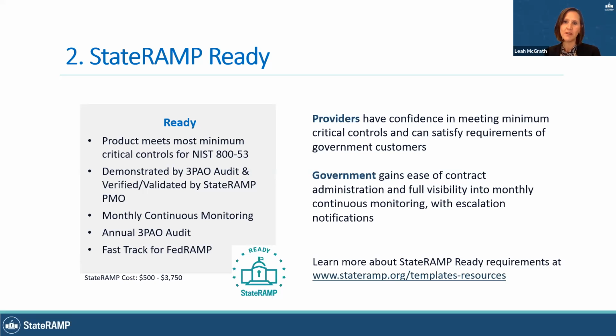For government, what we're hearing and seeing from our government partners is really leveraging Ready to say, hey, if you're not StateRAMP Ready yet, we're starting to see language that requires awarded vendors. So if there's an RFP out there, you might see language that requires an awarded vendor to have that product become StateRAMP Ready within maybe 12 months of contract award.